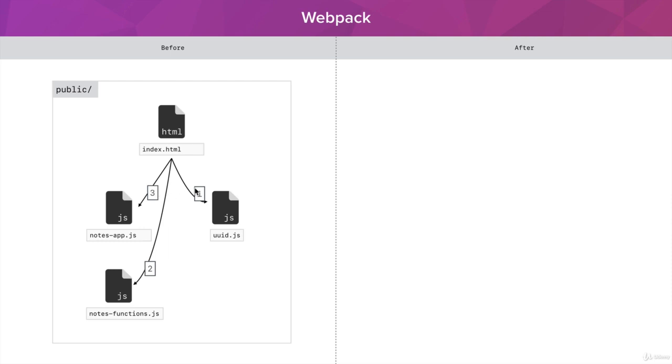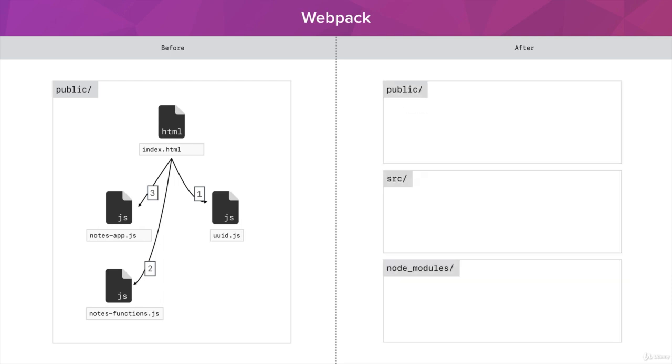We either end up sharing too much, or we share things but in the wrong order. So if this file needs to share something with this file, it actually can't because this one is 3 and this one is 2. And we might accidentally expose something from Notes functions that we didn't really want Notes app to have access to. This can create problems when we're defining the same variable name across our files and running into issues. So we're going to be able to leave all of this in the past after we introduce Webpack.